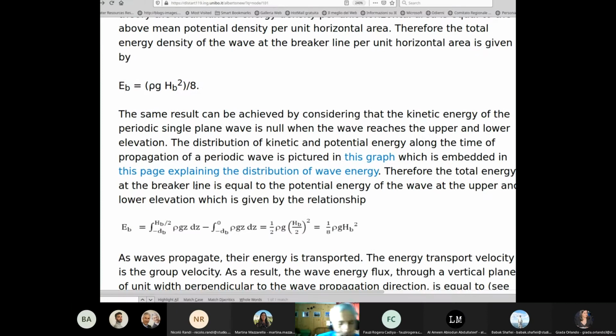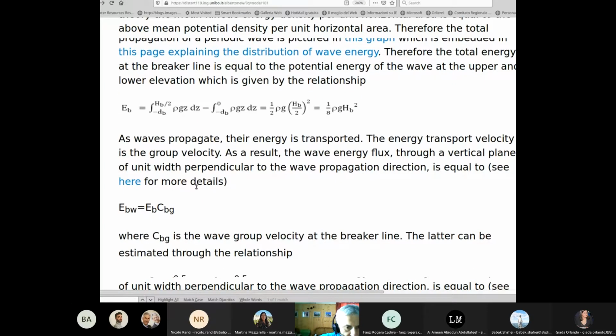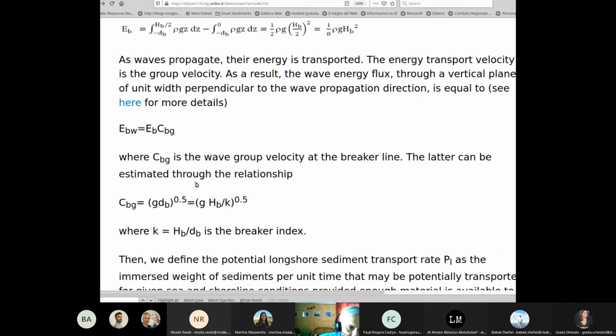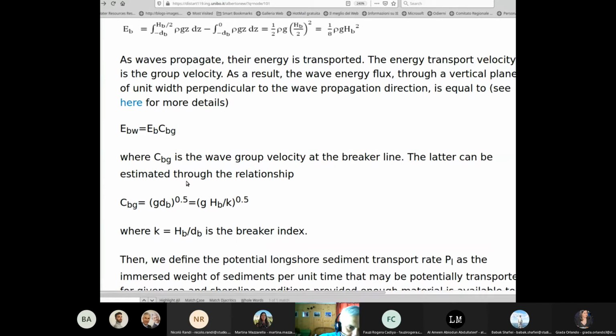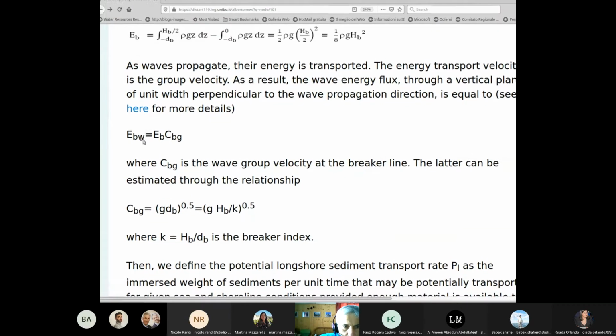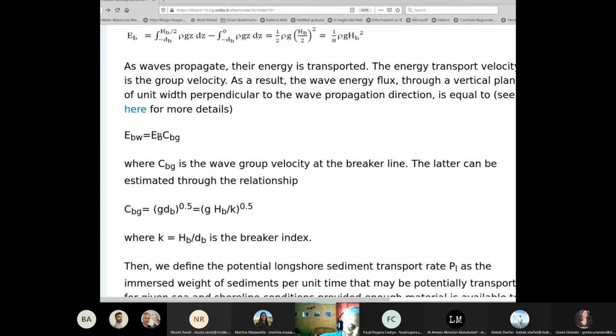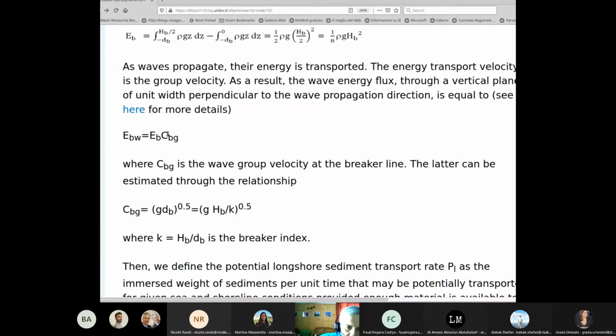Now, last time, a bit forward, we said that in order to compute the energy flux, because what we computed so far is again energy per unit horizontal area. In order to compute the energy flux through a vertical plane of unit width and perpendicular to the wave longitudinal direction, we need to multiply E_B, which is again energy per unit horizontal area, times the group velocity. Perfect.